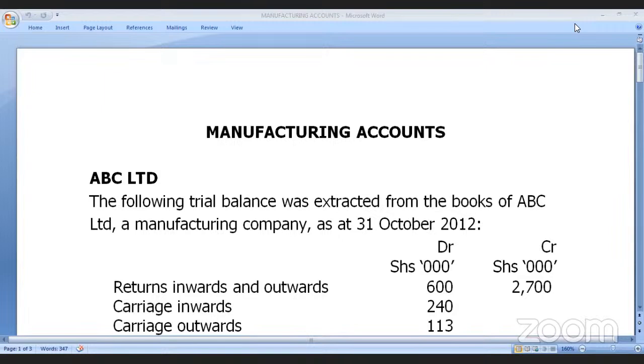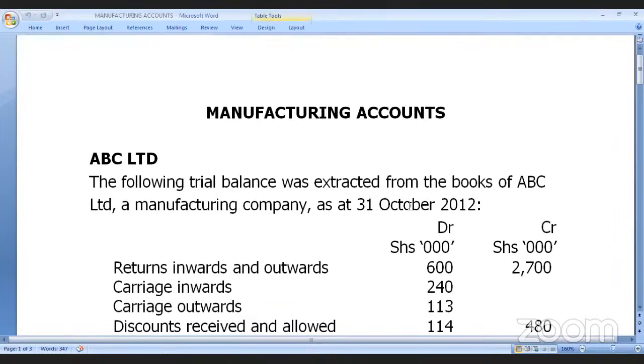You have return inwards and outwards. You have carriage inwards. Then you also have the carriage outwards, 113,000. Then you have the discounts received and discount allowed.